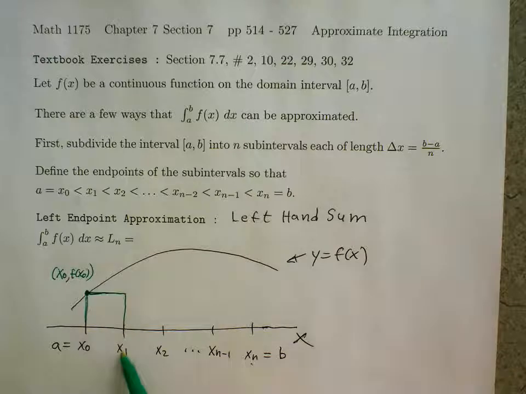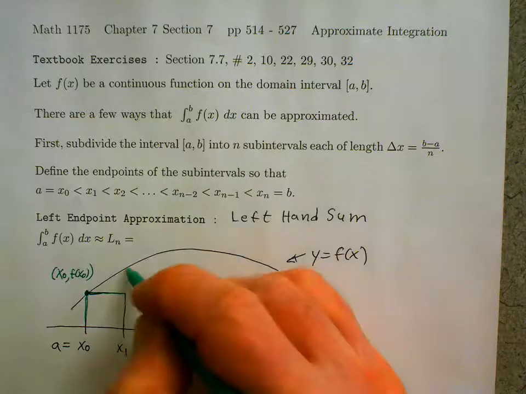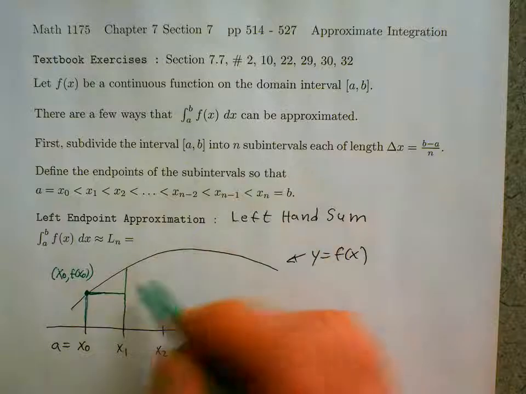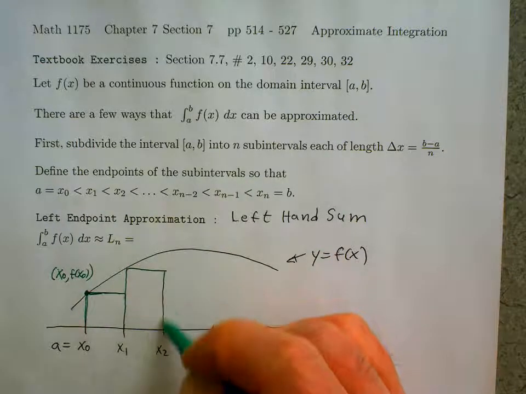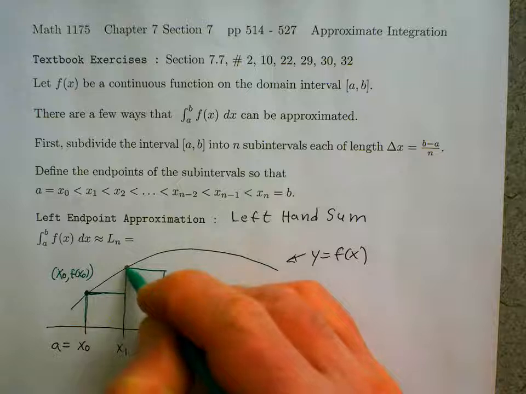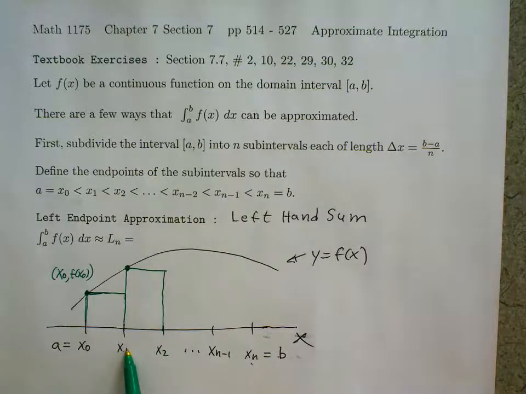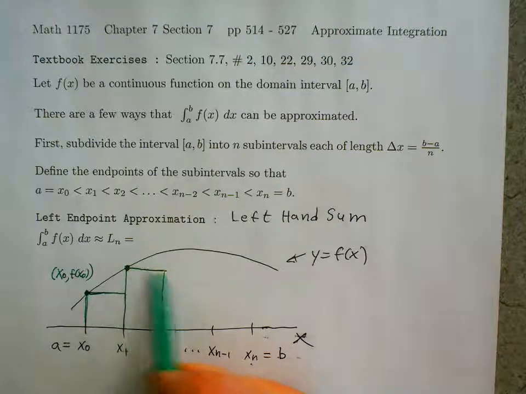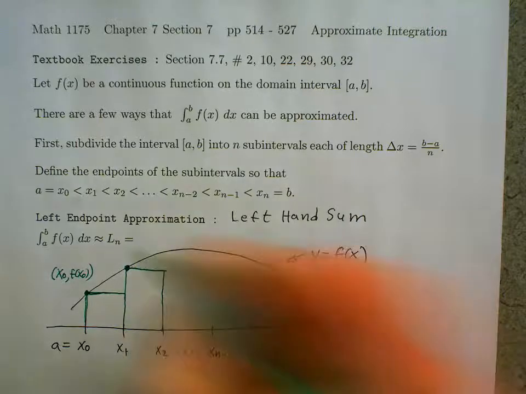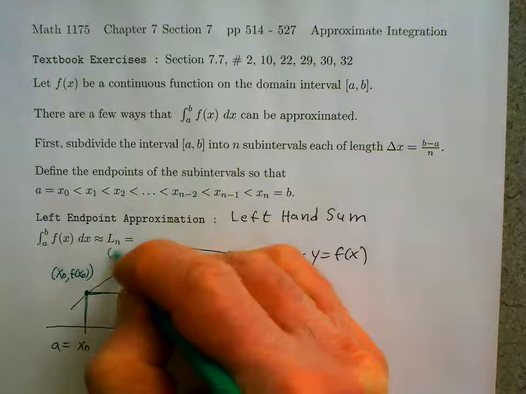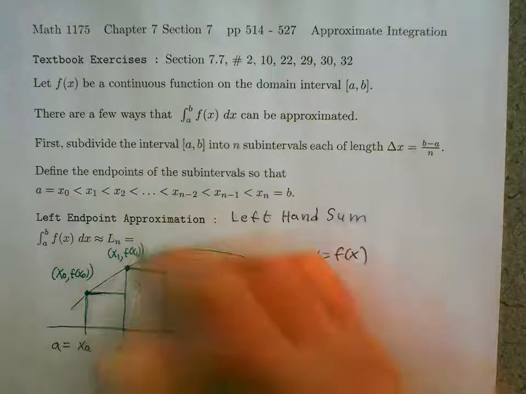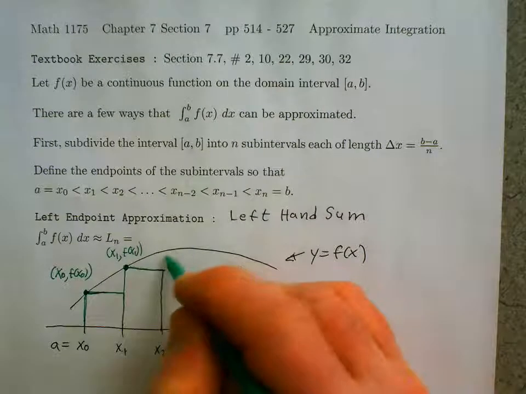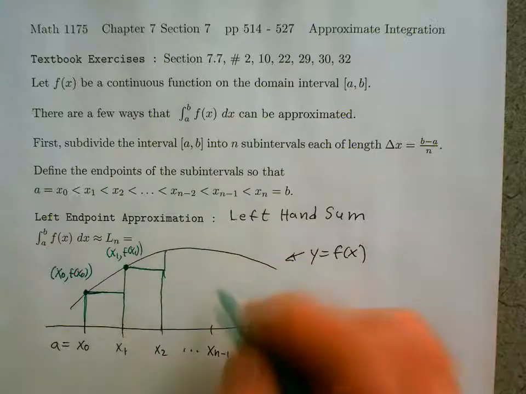On the interval from x1 to x2, we construct another rectangle, and using the left endpoint x1 determines the height of this rectangle. So this ordered pair is x1, f of x1. And so on. We keep doing this.